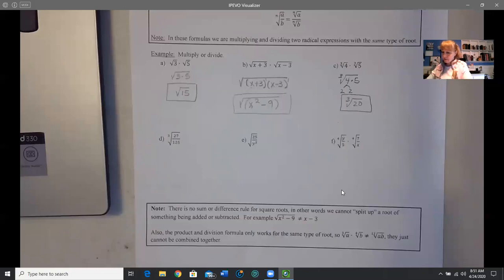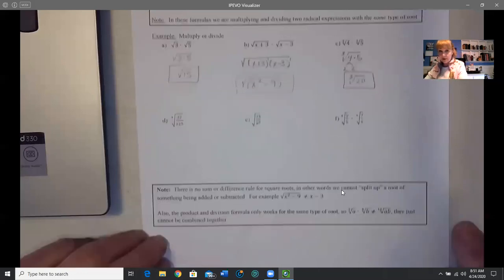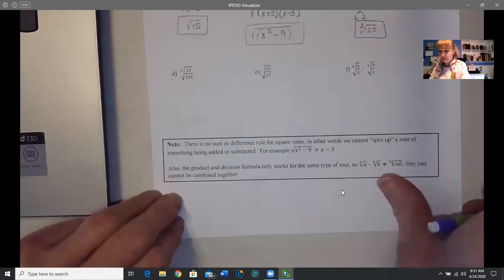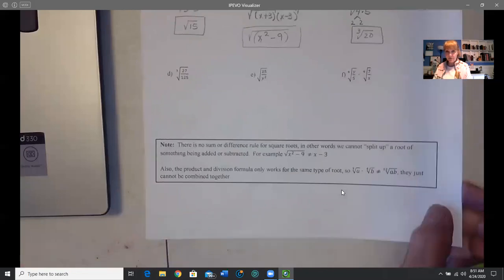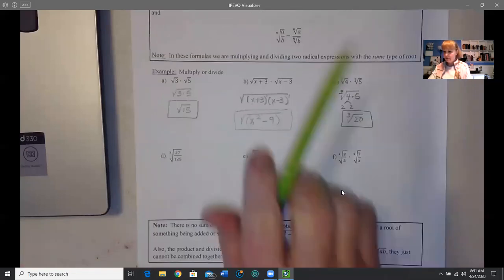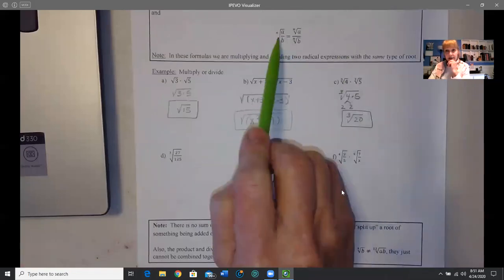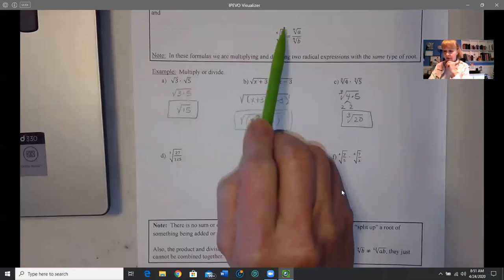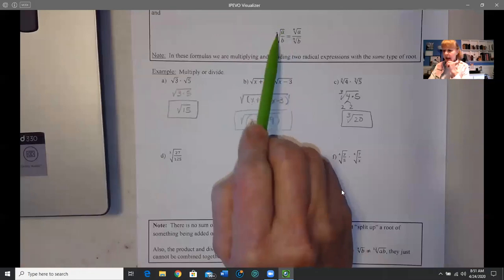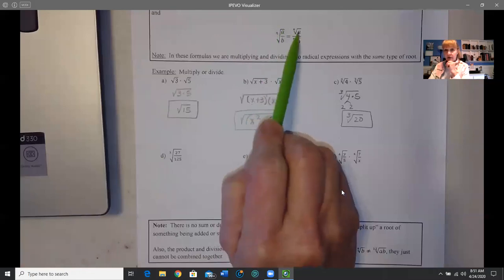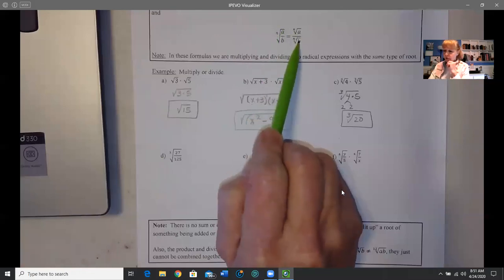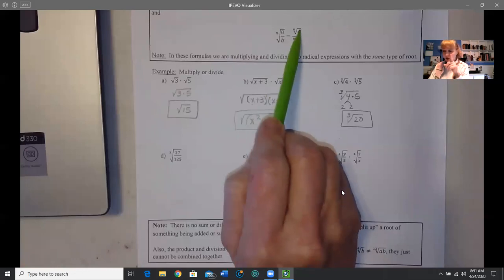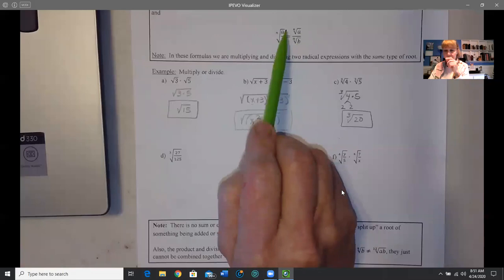Now that kind of explains a little bit of multiplication. Let's look at the division. All right, the division. Let's look at this up here. Now, what they're saying in this definition is that if they are under the same radical with this index, you can handle them separately. Also, you can reduce them separately. Also, you can go this way and put them under the same radical.